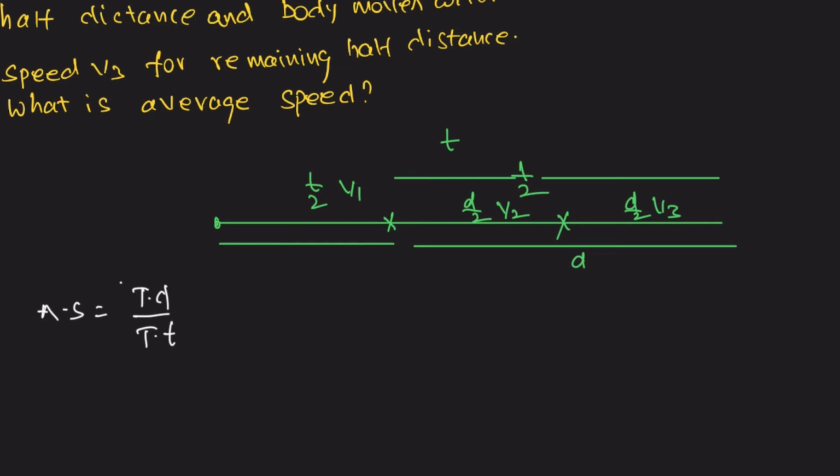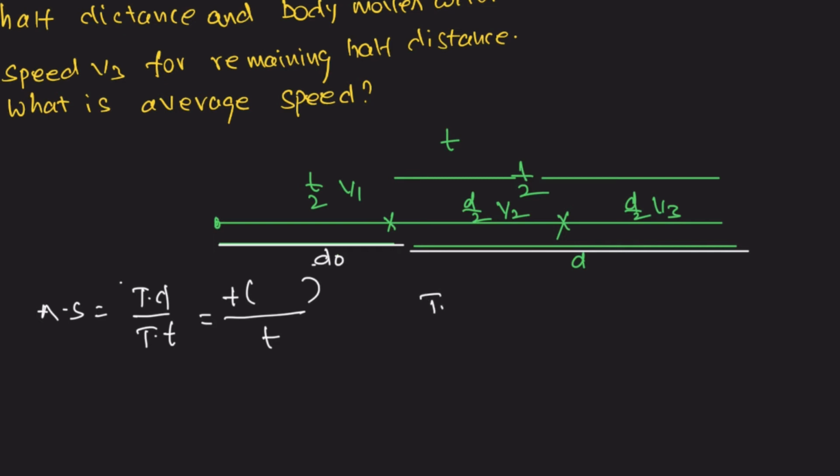So here total time is t. So total distance should be a function of the time and velocities. Then we get the answer. So total distance here is this distance plus this distance. Assume this distance is d naught.